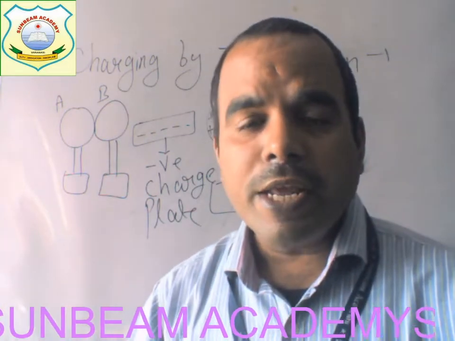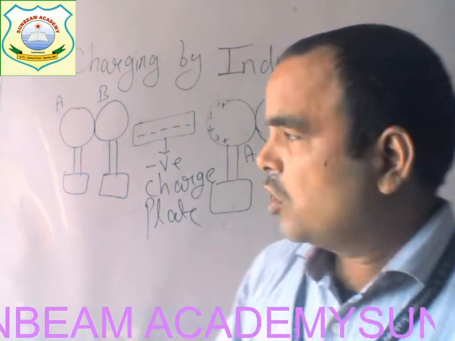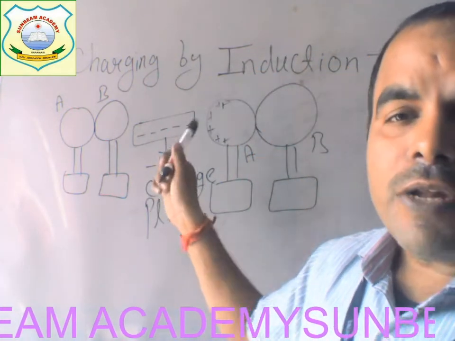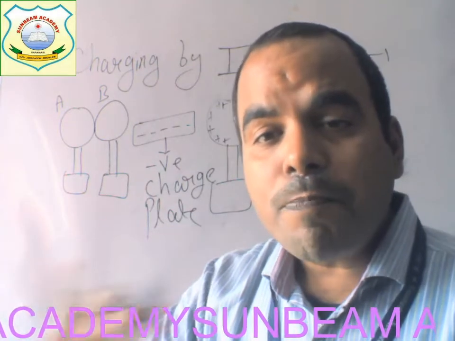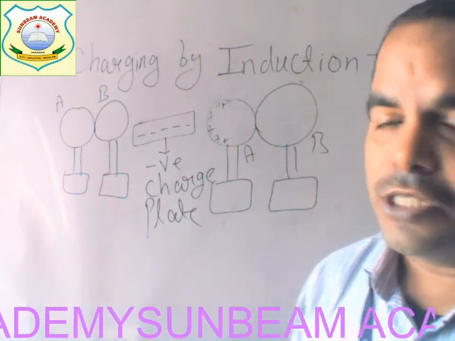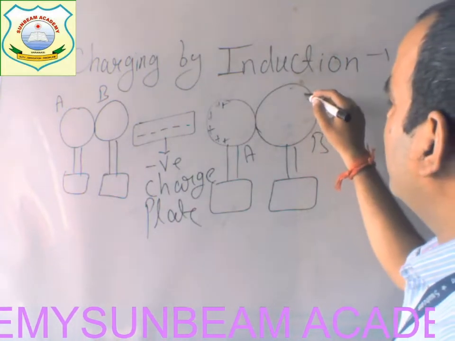What happened to the negative charge? You know that it's a negative charge plate, so it will repel the negative charges, and the negative charges will go to the other side.